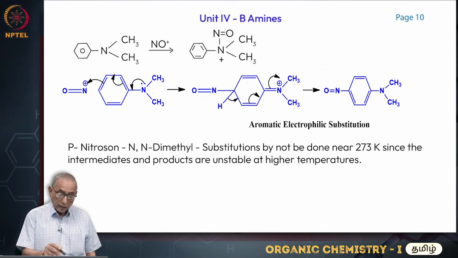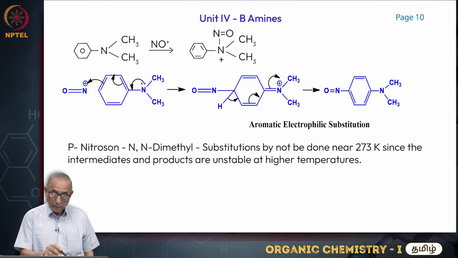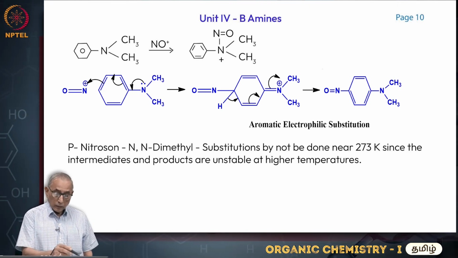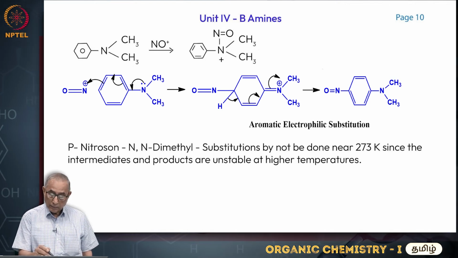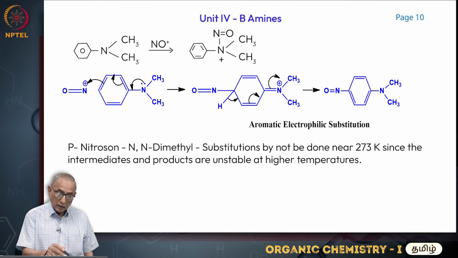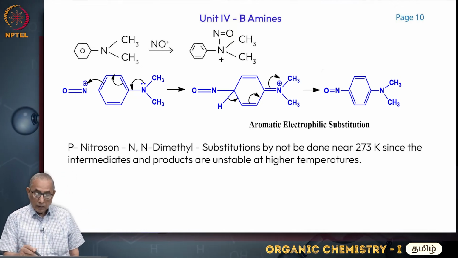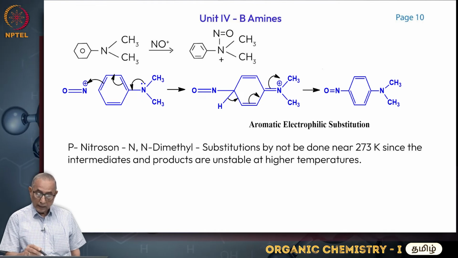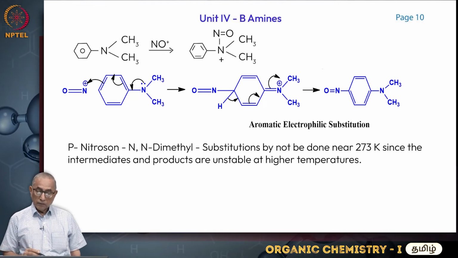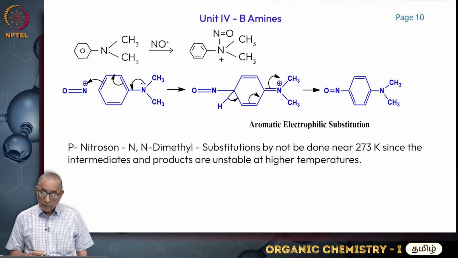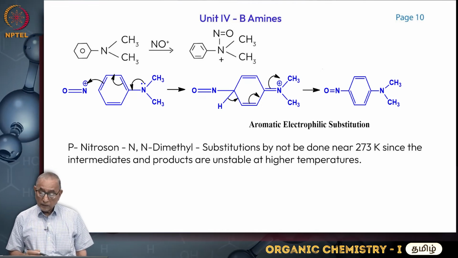And if you treat this dimethyl aniline with the nitroso compound, it behaves like an electrophilic substitution. The NO plus attaches here and the amine pushes the electron into the benzene ring. The lone pair moves and you get an intermediate for the para attack, just like para-nitroaniline formed from aniline and nitric acid, or just any electrophilic substitution.